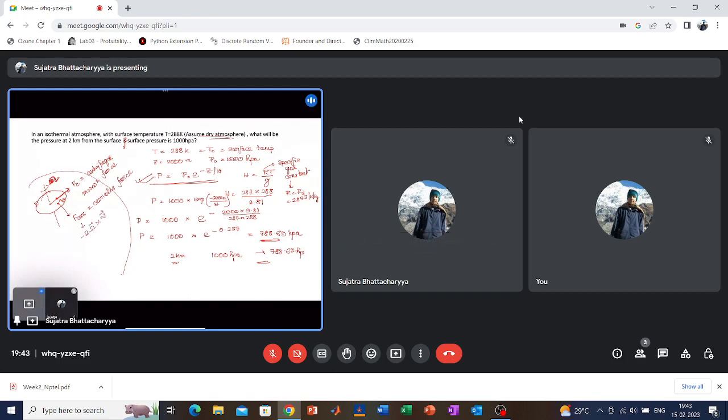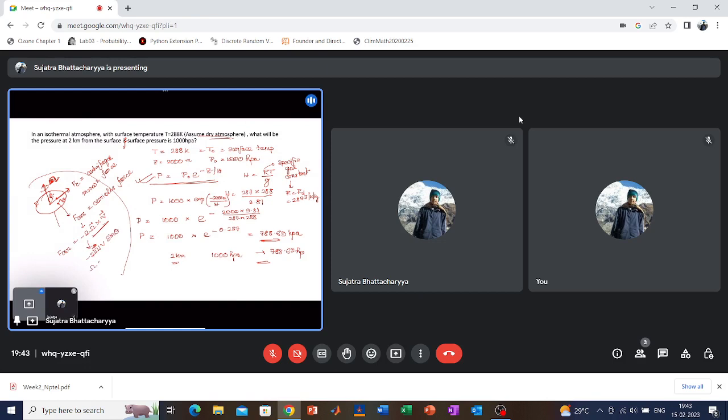This is the omega direction, and v is in this direction, so omega cross v, and this angle is theta. So this is the Coriolis force. In Earth's case, it will generally be minus 2 omega v sine theta.